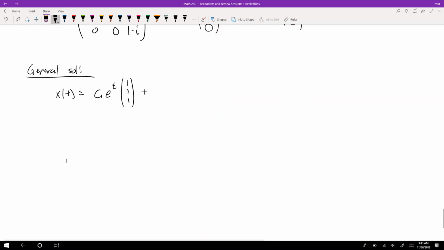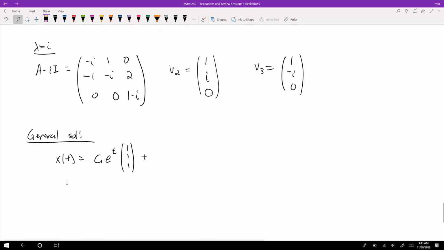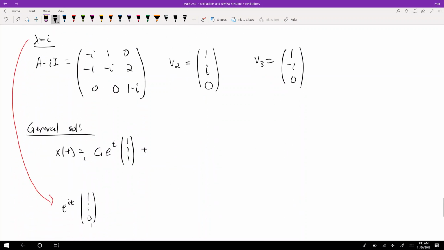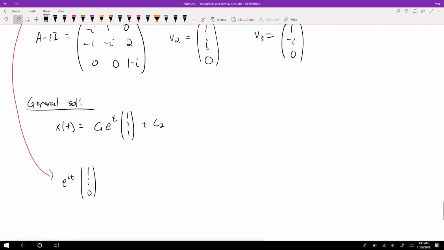So really, from the lambda equals i case, we're going to get e to the it times (1, i, 0). Since I have a 3 by 3 coefficient matrix, my general solution has to have 3 terms inside of it.